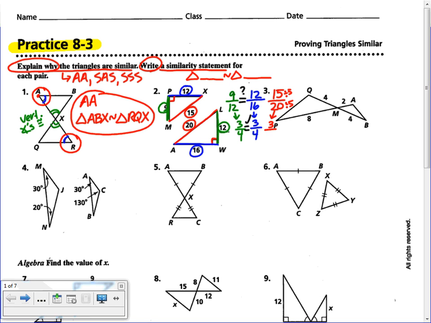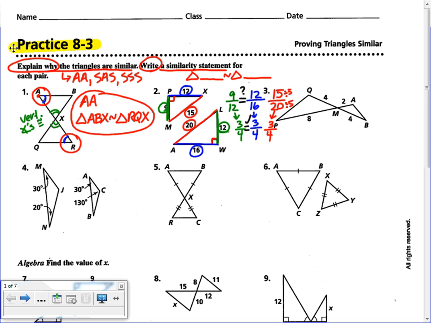We find out that it does. So not only can we prove these two triangles similar by the SAS similarity postulate, we can also declare them to be similar by the SSS postulate. So that's kind of fancy. I am going to, where should I write this? There's not a lot of room on here.